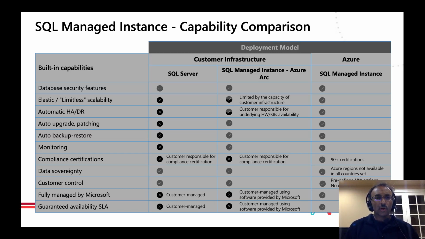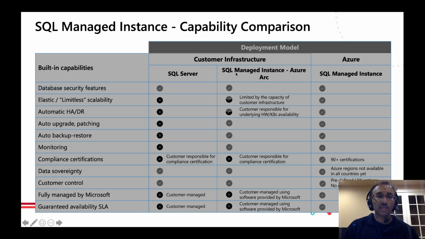Okay, so now I'll quickly walk through the capabilities of SQL Managed Instance. What is it? I'll touch on only a few key areas, but the thing to remember is that today in your infrastructure you can deploy a SQL Server instance. And with SQL Server big data clusters, you can deploy SQL Server in a Kubernetes environment.